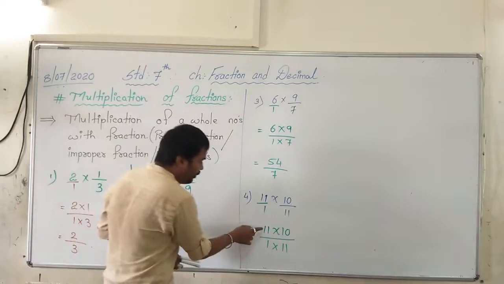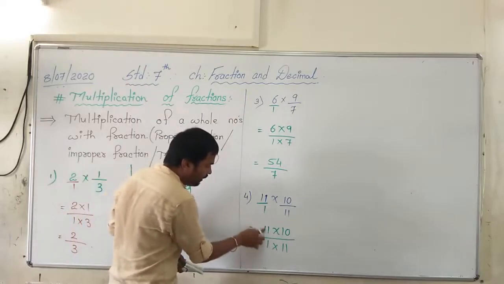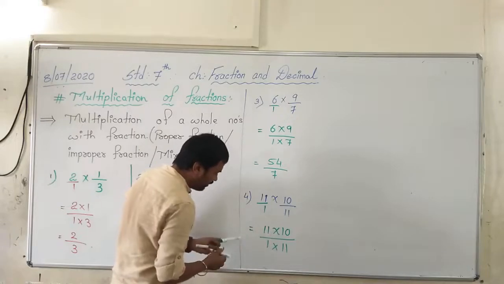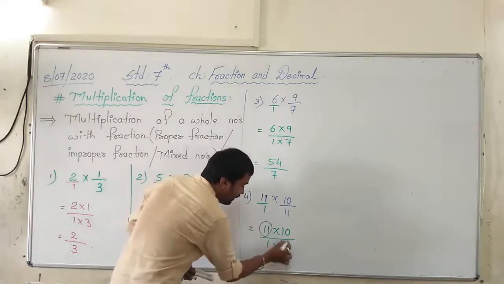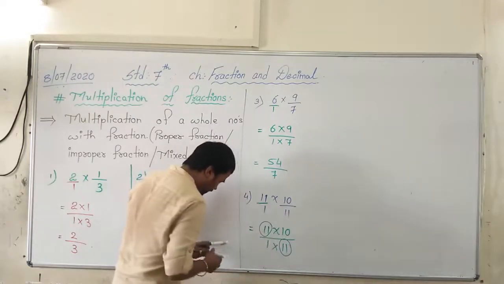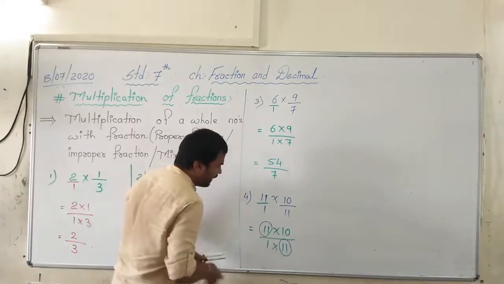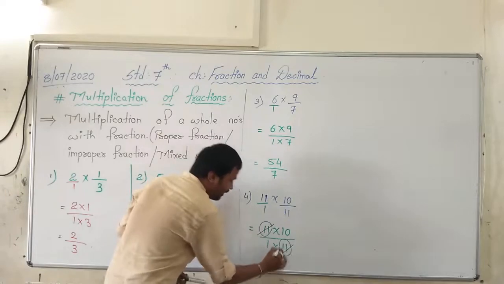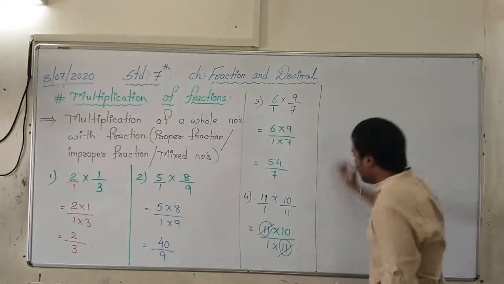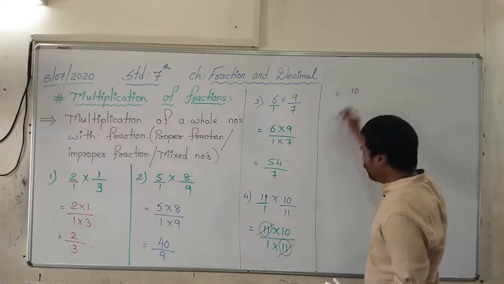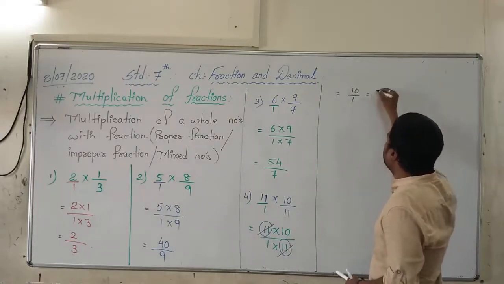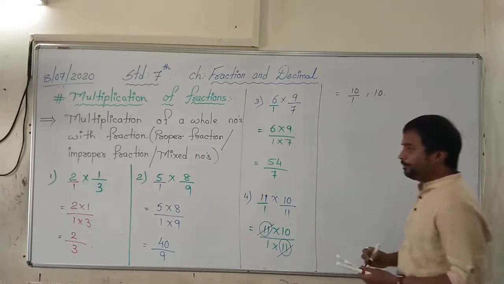In numerator and denominator you can compare and say that 11 is common in both. 11 is common in the numerator as well as in the denominator, so you can directly cancel that out. 11 cancels. What remains in the numerator? That is 10. And what remains in the denominator? 1. Or you can simply write it as 10.